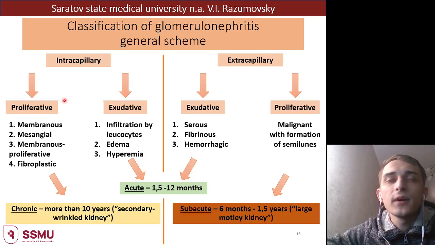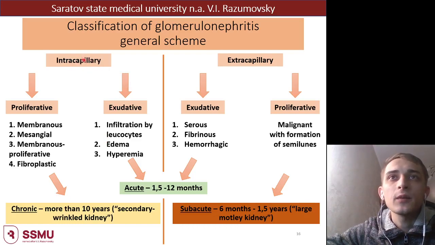All of them have some special forms. Intracapillary proliferative glomerulonephritis will have membranous, mesangial, membranous proliferative, and fibroblastic forms, which will lead to formation of chronic glomerulonephritis.